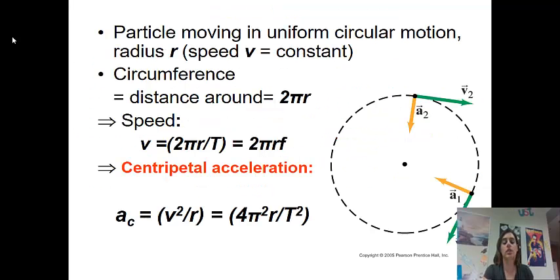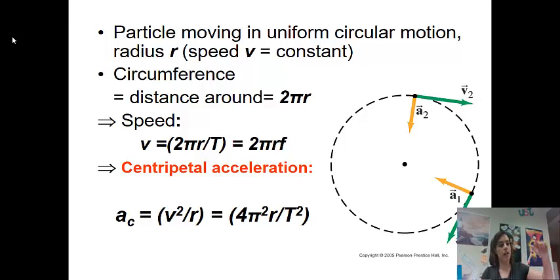And we can actually use all of this to our advantage because we remember from Unit 1 or Unit 2, our one-dimensional kinematics, that if we have a constant speed, that constant speed is equal to distance divided by time. Well, if you're moving around in a circle, the distance is the circumference, which is 2 pi r.